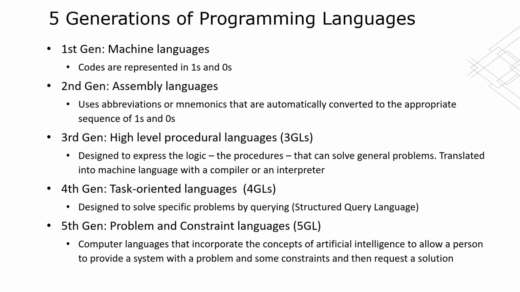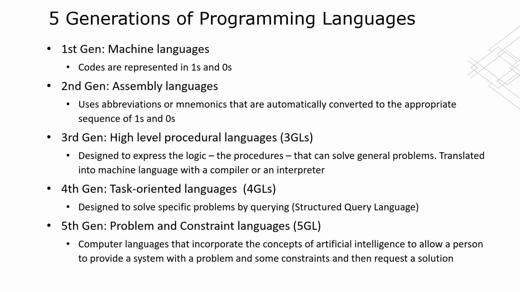Then second generation language, called assembly language, is developed. Assembly languages use abbreviation or mnemonics that automatically convert it to the appropriate sequence of ones and zeros. Well, it still takes a long time to write assembly language.